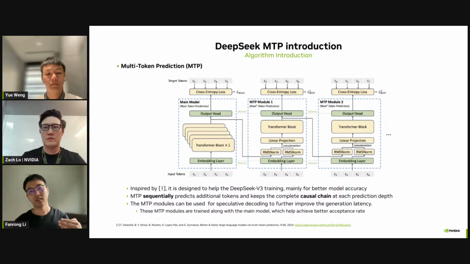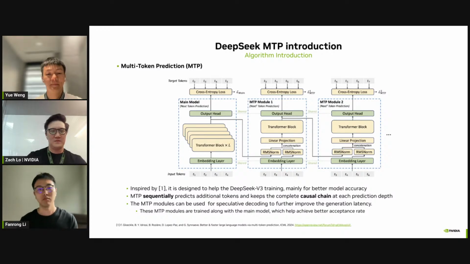We get the cross entropy loss, and then use the loss to update our model. In this way, we can only predict one token. For example, we input token 1 to token 4, and then we can predict token 5.